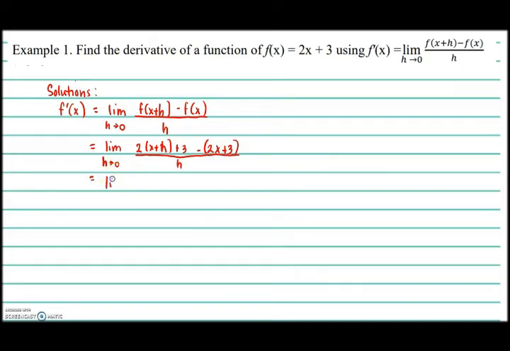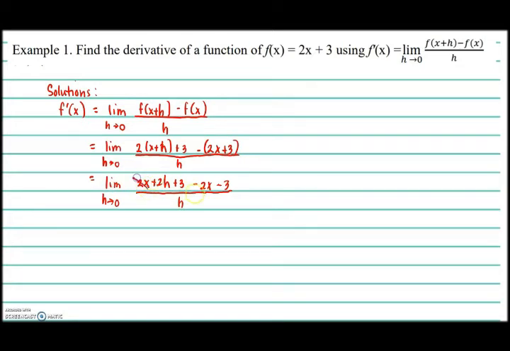Distribute 2, so you have the limit of 2x plus 2h plus 3 minus 2x minus 3, all over h as h approaches 0.